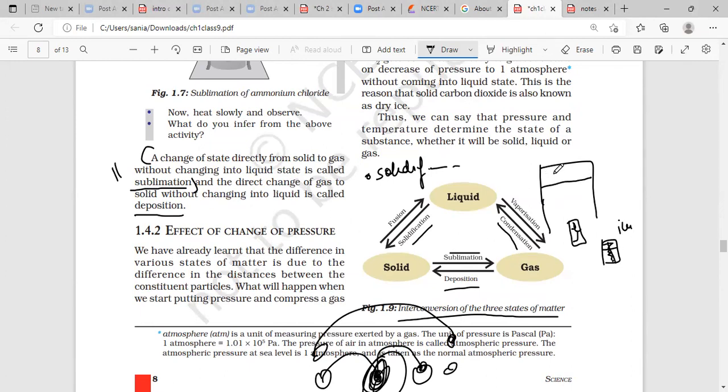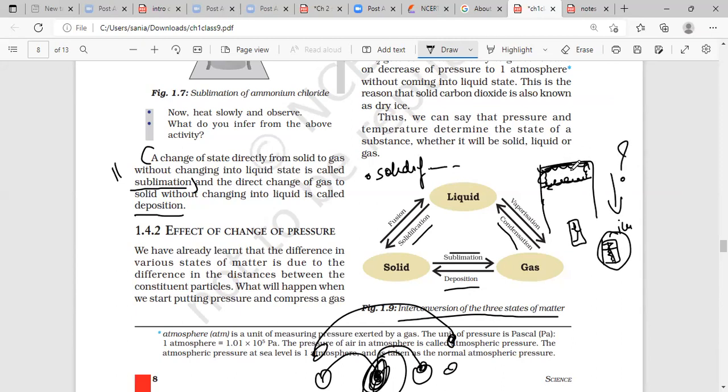So we have seen the ice like this. You can say that liquid got converted into solid. But what about this air or this ice? From where did it come? So this is the question.